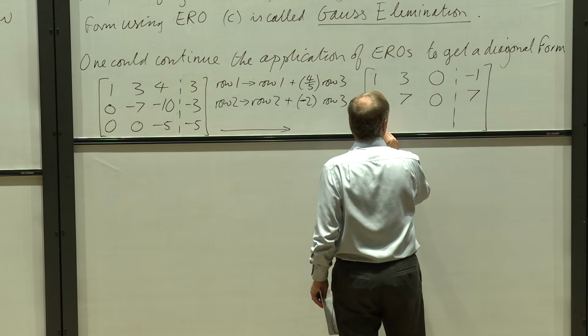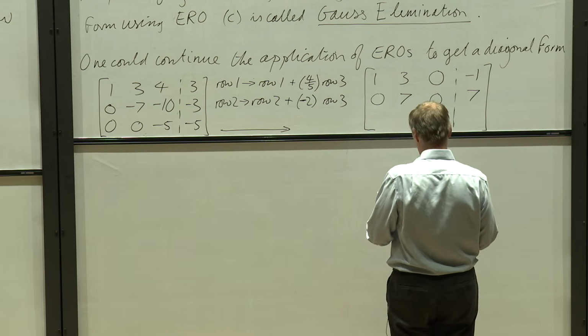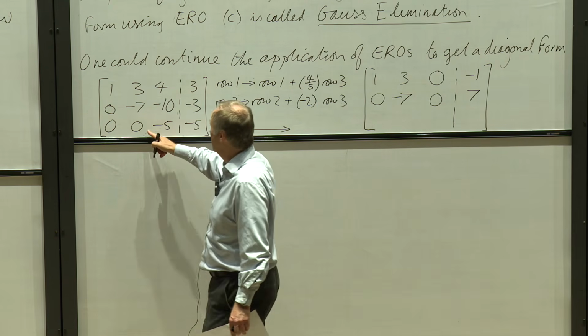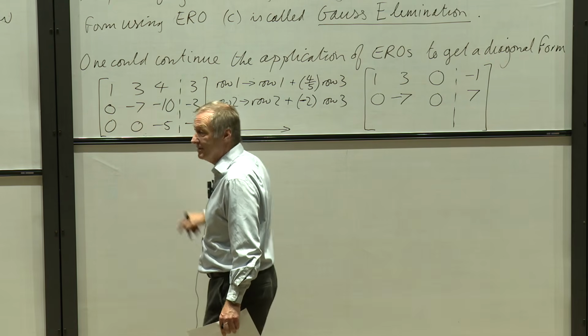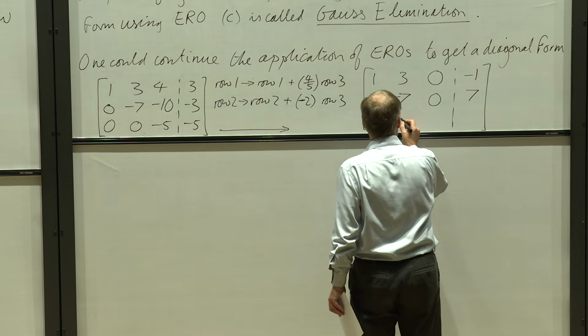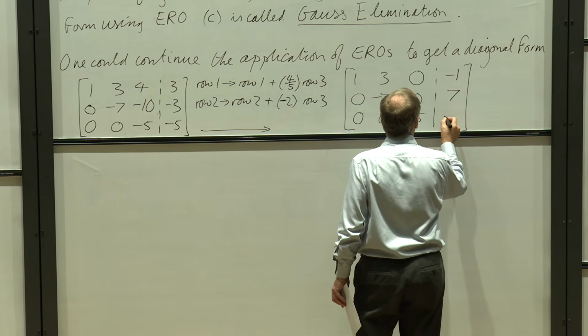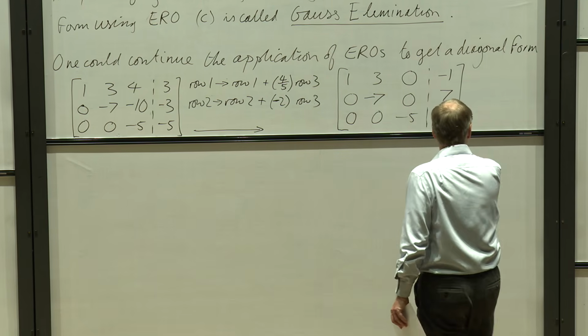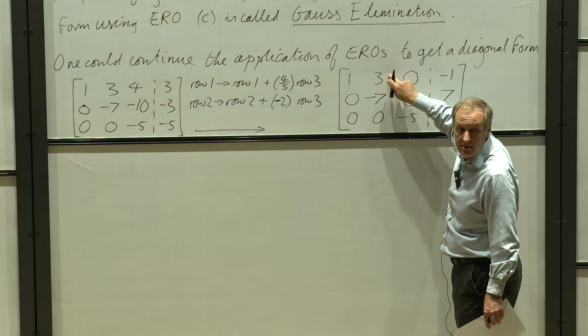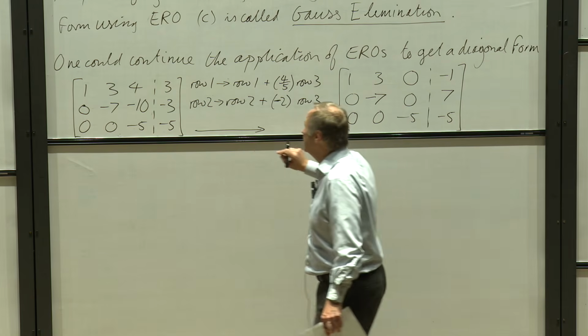The first one should be minus 7, thank you very much. It didn't change because I added 0 times here. And the last row stays as it was, 0, 0, minus 5, and minus 5. So now we just have to add some multiple of this to this to make a 0.